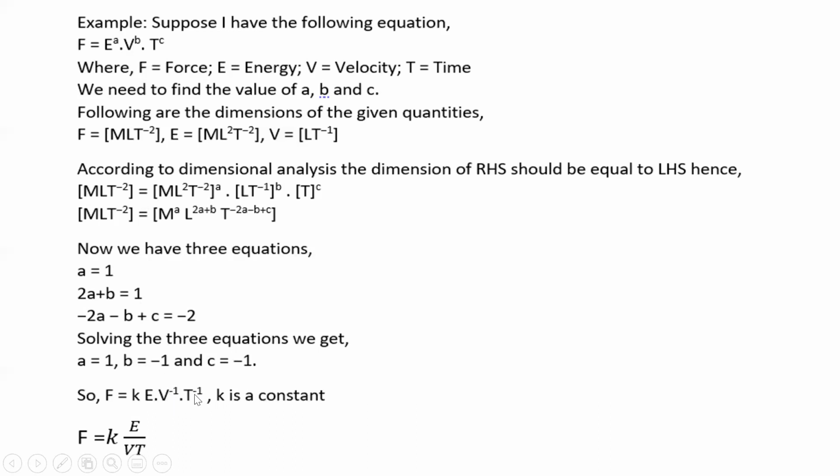T raised to minus 1 because c is minus 1. So we got the final equation as F is equal to K constant, E, V raised to minus 1 means divided by V, T raised to minus 1 means divided by T. So this is the final equation. So this is how we can deduce an expression between force, energy, velocity, and time.